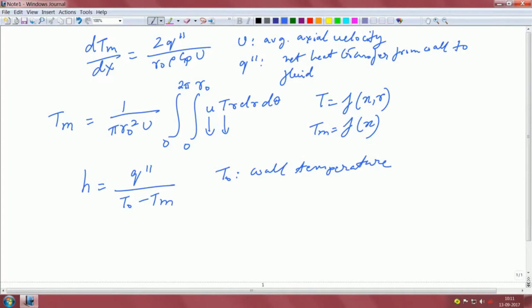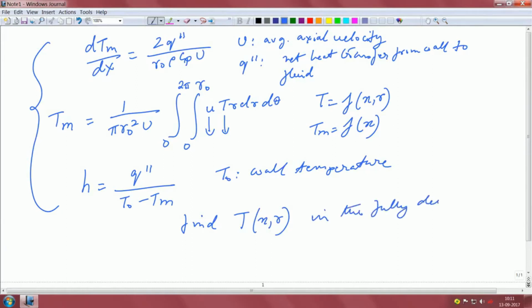Okay. So, that was the whole exercise that we did in the last class, where we defined these three important quantities, and from here we thought that the temperature we have to find in some way. So, our aim is to find what is this temperature field T(x, r) in the fully developed regime. Like for example, in the case of velocity, we found that in the fully developed regime the velocity u was a function of r only, right, and it was not a function of x.